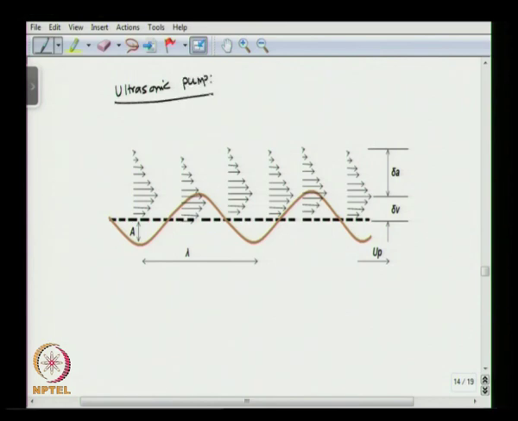So, here this is the membrane we are talking about, this is the thin membrane coated with the electrodes, okay. And when the electrodes are excited, the membrane will undergo oscillation, okay. So, these mechanical waves will be travelling on the surface of the membrane, okay.